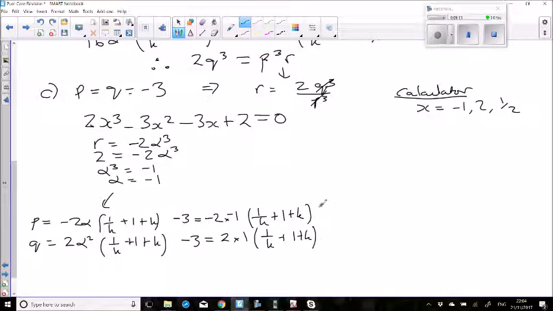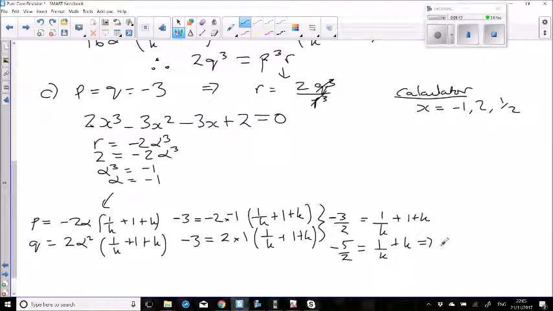Hope you can see those actually give the same equation. So 3 over 2 equals 1 over k plus 1 plus k. Then you could take the -3 over 2, because it will be -3 divided by 2 in both cases. Move the 1 to the other side. -5 over 2 is 1 over k plus k.